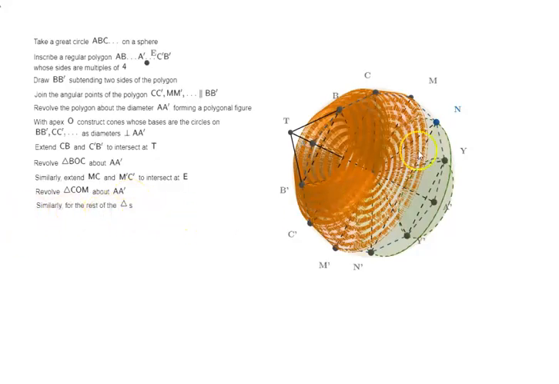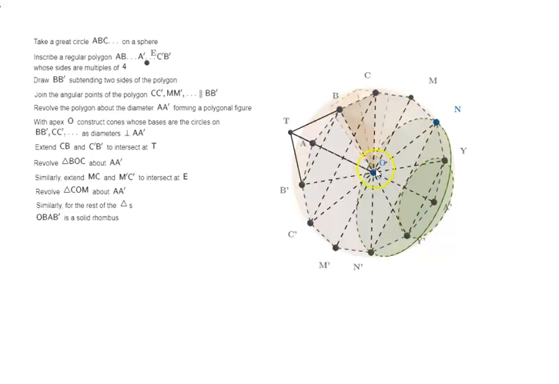Similarly, for the rest of the triangles, OBAB prime is a solid rhombus. Remember, O is the center of the sphere, BAB prime is a solid rhombus.